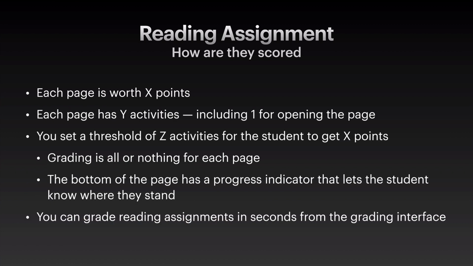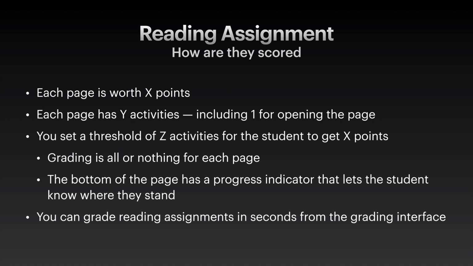So how are the reading assignments scored? Each page is worth some number of points, and you can set that in the interface. And on each page, there are some number of activities, including one activity that we count as simply opening up the page. But after that, every active code, every code lens, every multiple choice question, every fill in the blank, all of those are activities on the page.